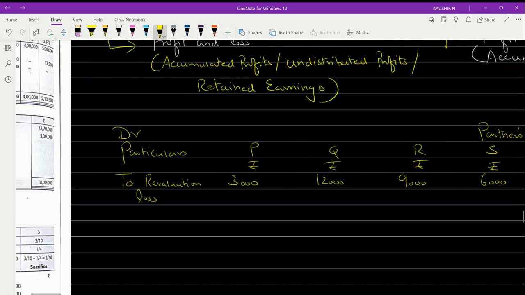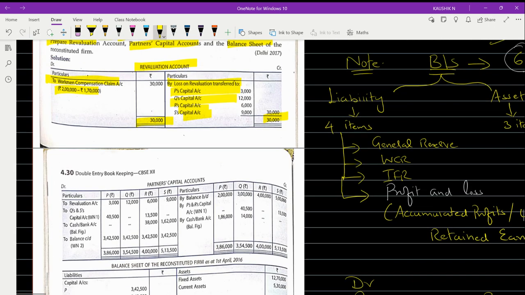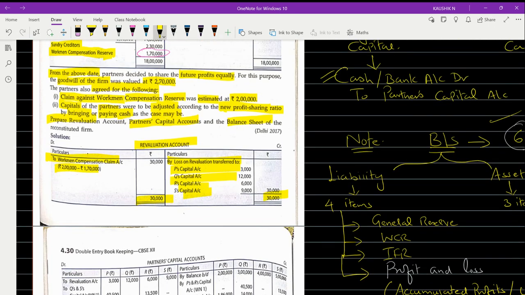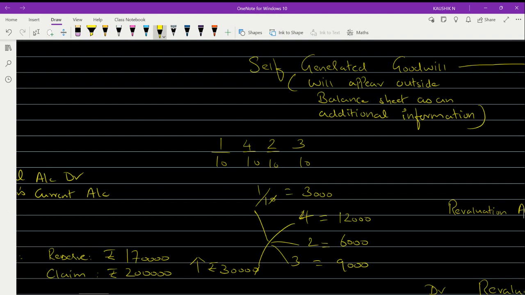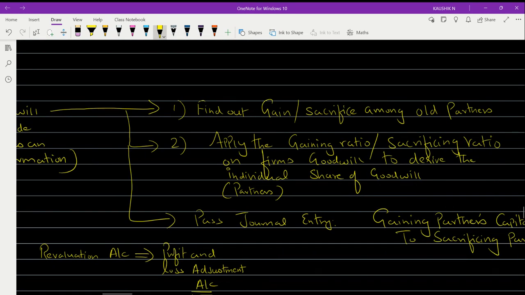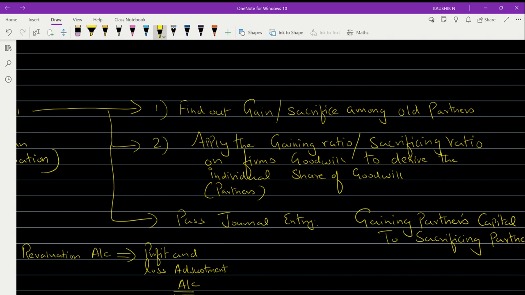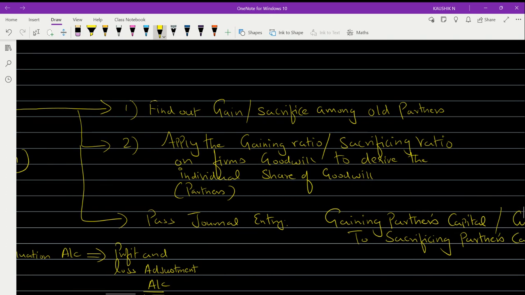Now, there was something given in the question about goodwill, like 2,70,000. That goodwill is self-generated goodwill, correct? I already informed you what needs to be done for self-generated goodwill. Go step by step. First, find out the gain or sacrifice among the old partners.